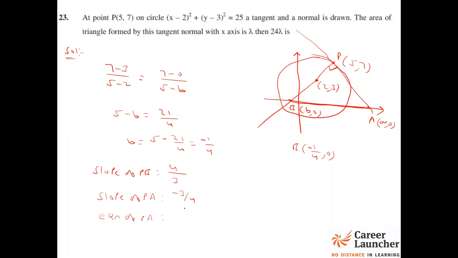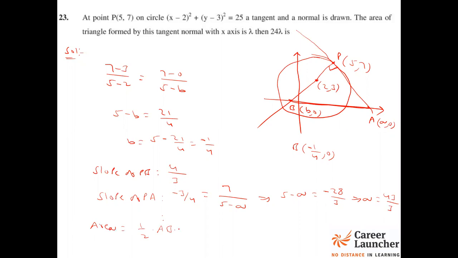Using point slope form, the point is (5, 7), so the equation becomes 3x plus 4y, or even without finding the equation, we got the slope of PA. Applying that, 7 minus 0 upon 5 minus a is equal to minus 3 by 4. So we get 5 minus a is equal to minus 28 by 3. From this we get a is equal to 43 upon 3.